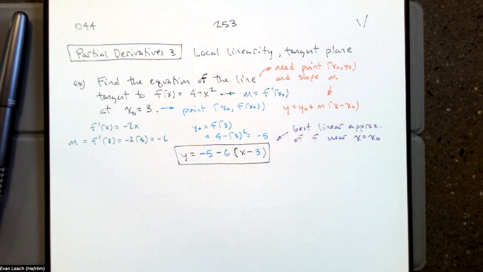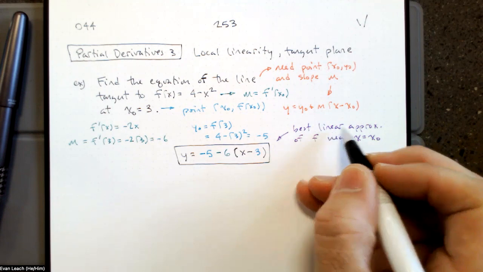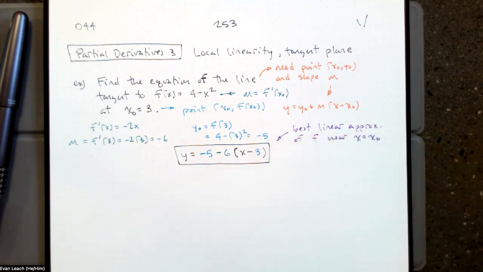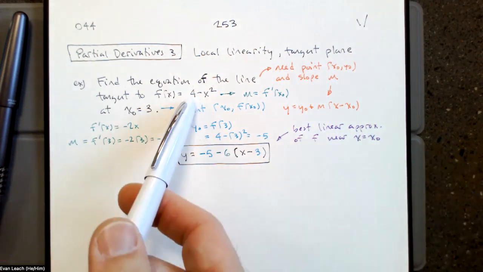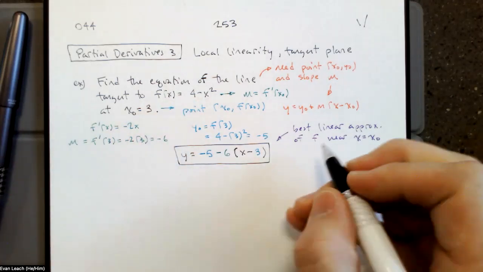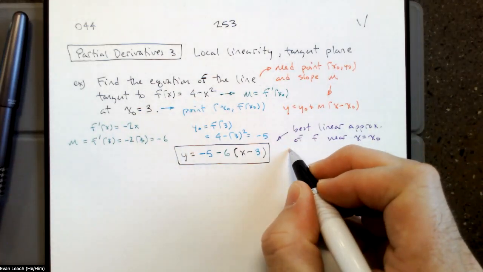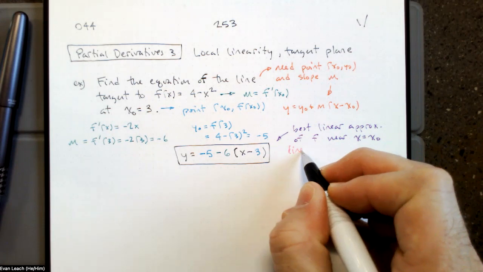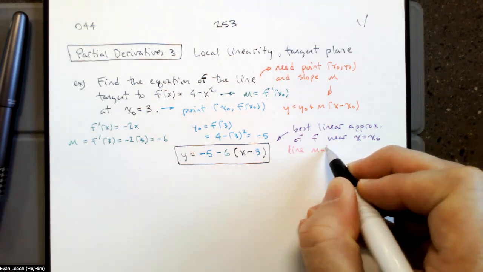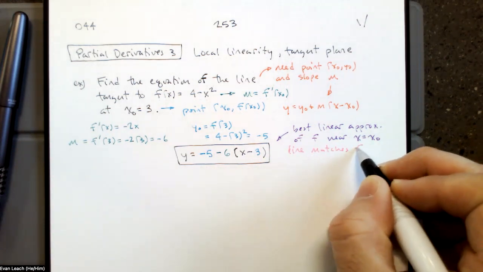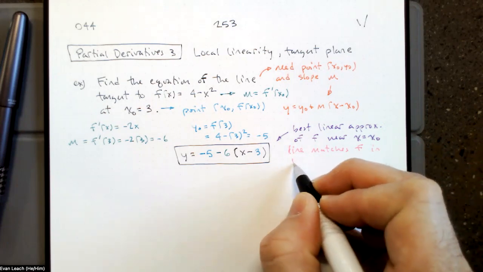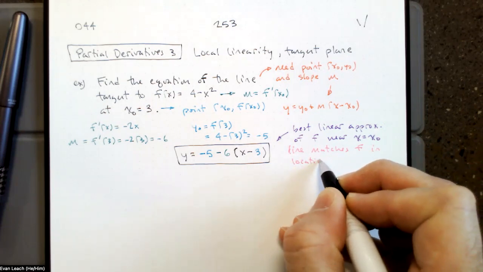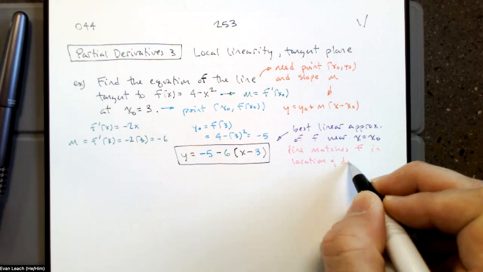When we say best linear approximation, it does everything it can to behave like this function. So the line matches the function in location and direction.